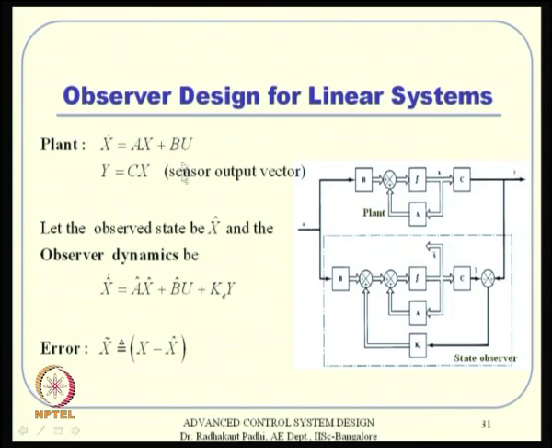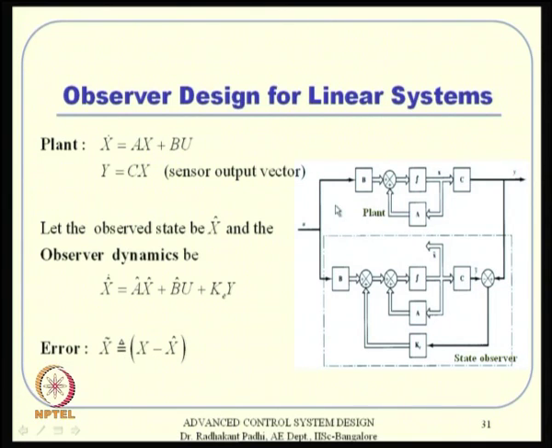This K y is an additional term that we are interested in putting in there. That is how we inject sensor information into the dynamics. So, what is our objective? x hat should go to x as soon as possible. So, when I define the error x tilde as x minus x hat, that means x tilde should go to 0.